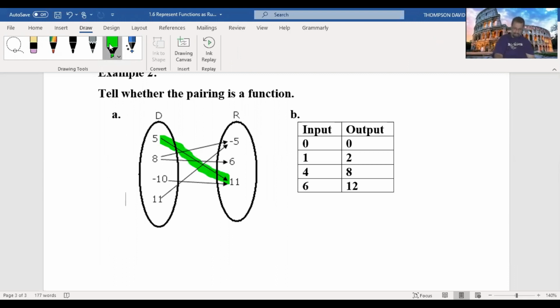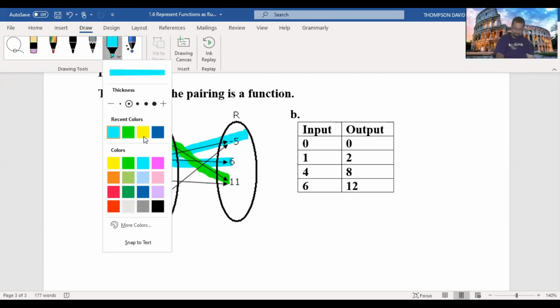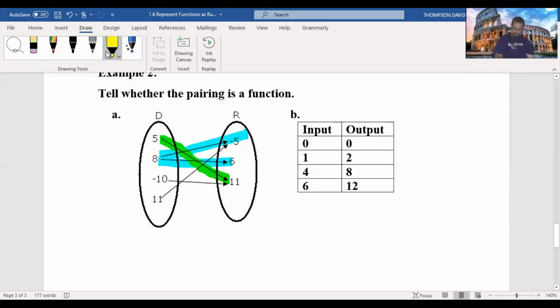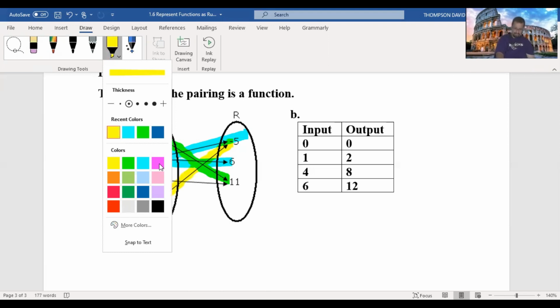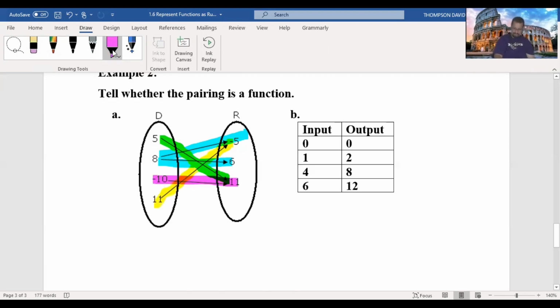We have 8 going to -5 and 8 going to 6. We have 10 going to -5 and 11 going to -5. Take note, we have 8 going to 2 different numbers.